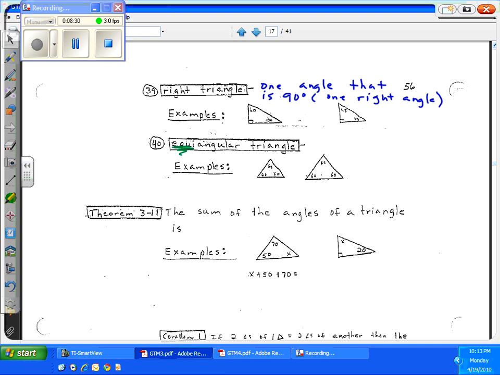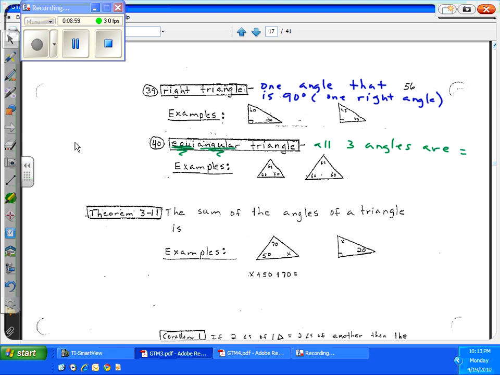Equiangular, there's 2 words too. Equa and angular, in other words, equal angles. All 3 angles are equal. Any questions on that?